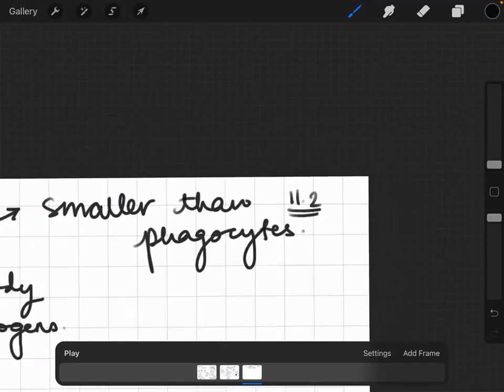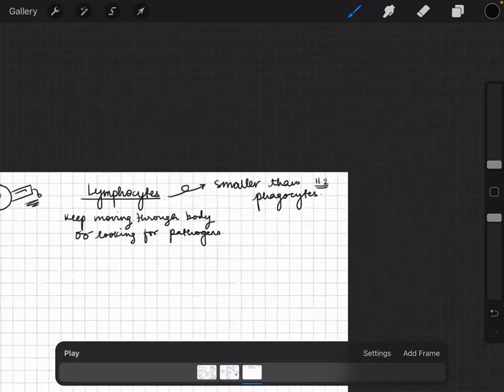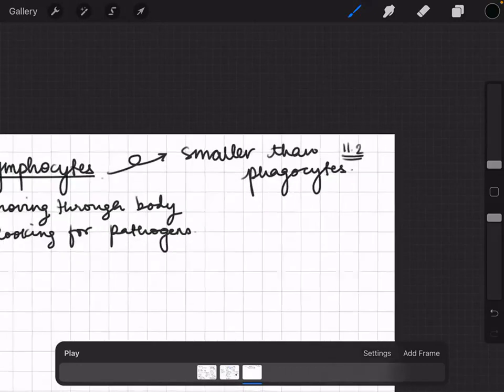It's going to be a little smaller than your monocyte or the larger phagocyte present in your body. Now, what exactly is this lymphocyte going to do? What is the function of this particular cell? Along with having the ability to move through all of your body, it is also going to be able to retain the memory of a particular kind of attack that might have taken place in your body.